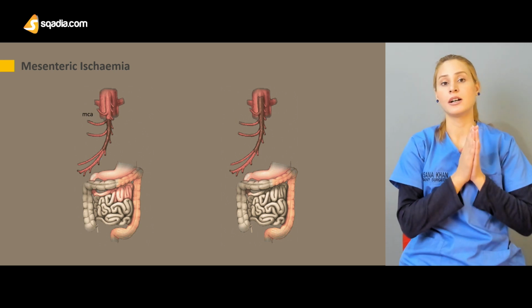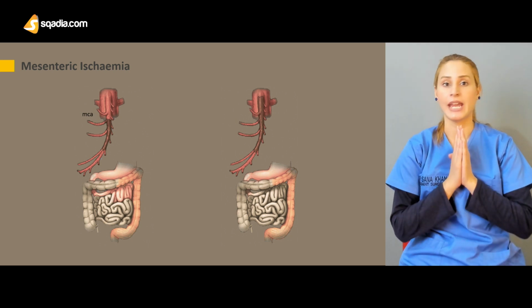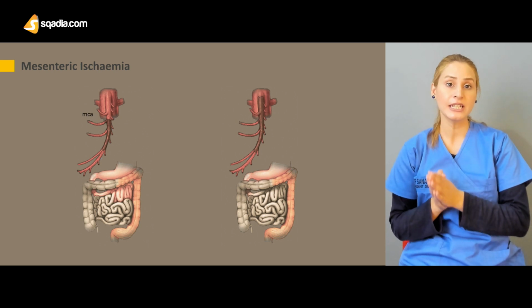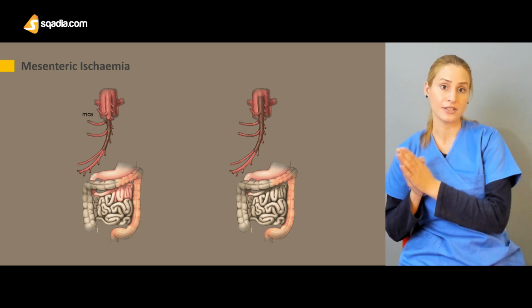But by the time the gangrene has developed and a more extensive part of the gut is involved, the mortality ranges from 70 to 90%.